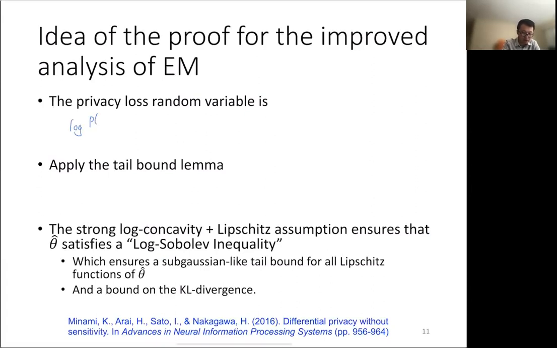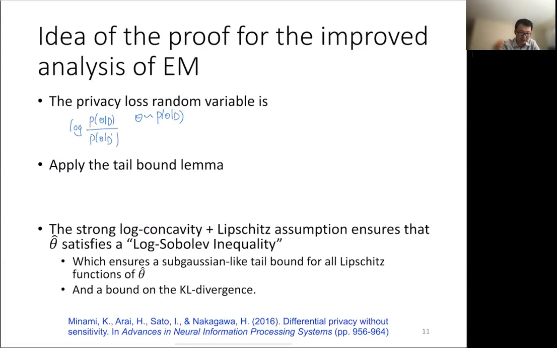The definition of the privacy loss random variable in this context is the probability density ratio of the output from the posterior distribution given D and the neighboring data set D prime, when theta is drawn from P(theta given D).